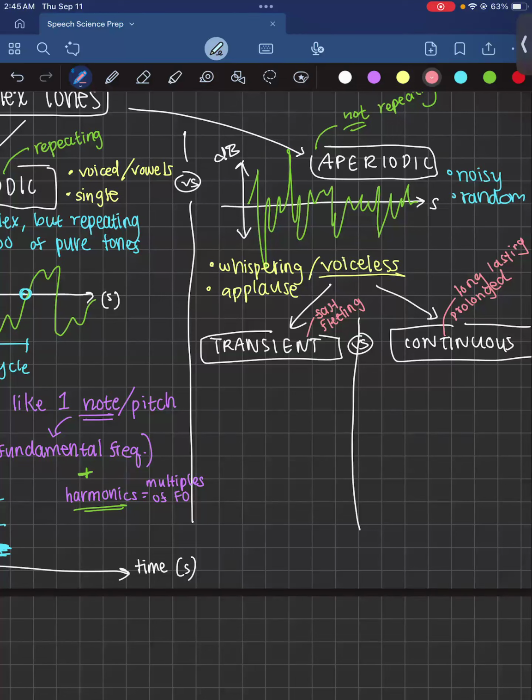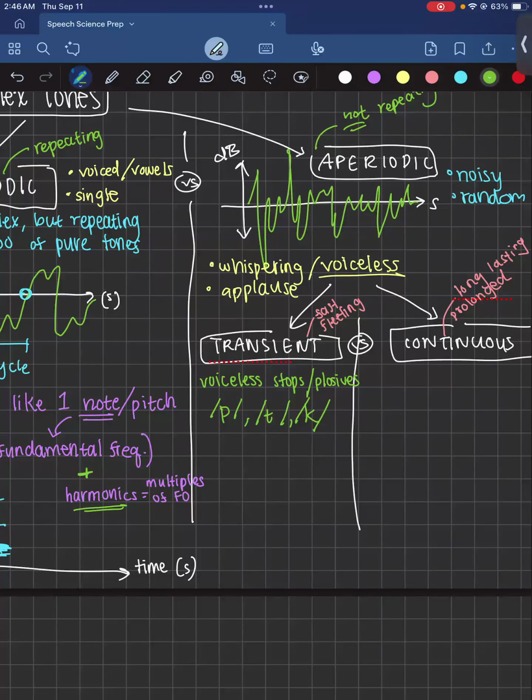So when we think of transient sounds, the best example will be what we call voiceless stops or plosives. And when we learn more about phonetics and the articulators, you'll learn more about what these concepts are. But my examples and Dr. Wong's examples would be p, t, k. So remember, they're voiceless because aperiodic sounds tend to have this kind of voiceless quality.